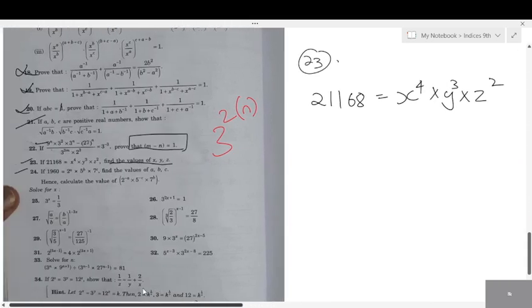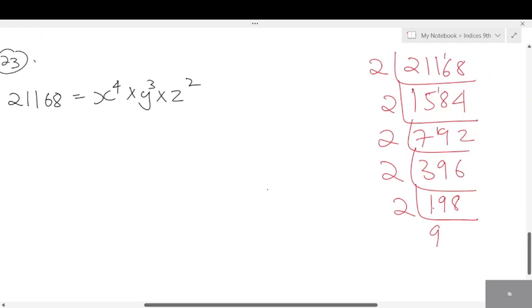Wait, let me check. 2 ones are 2, 2 fives are 10, 2 eights are 16, 2 sevens are 14, 2 nines are 18, 2 threes are 6, 2 nines are 18, carry 1, 2 sixes are 12. Okay. 2 ones are 2, carry 1. 2 nines are 18, 2 eights are 16. 2 nines are 18, 99. Are we getting 99?